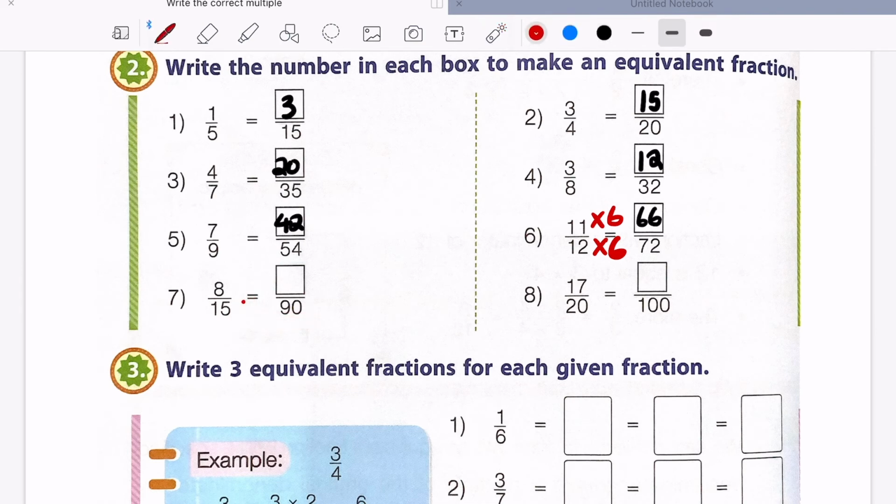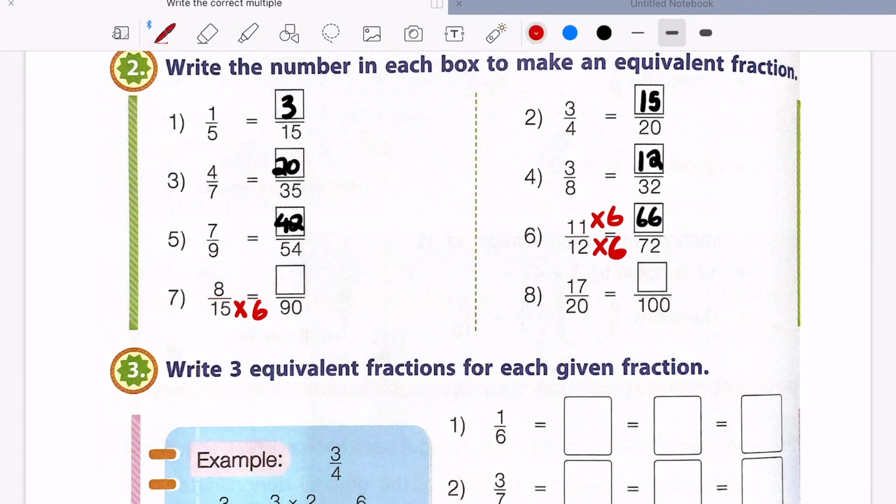We can just divide. 90 divided by 15 equals, what does it equal? 6. You're right. So 15 times 6 is equal to 90. Very good. So if we multiply the bottom, we have to multiply the top as well.